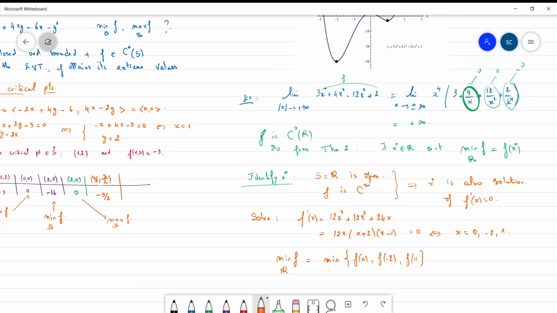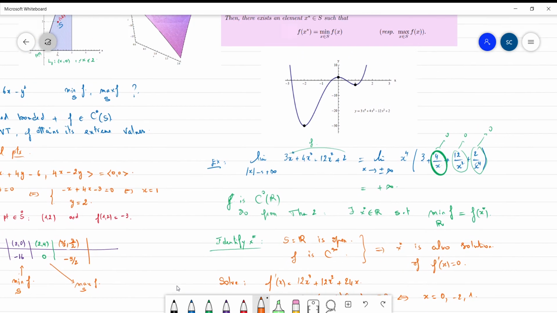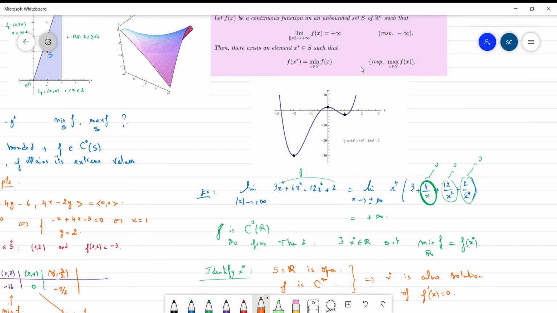If you compute these values, f(0) is 2, the other ones are -30 and -3. Exactly, the minimum value is -30, that is, the minimum is at -2. And you can see it here by graphing, we can check that it is.